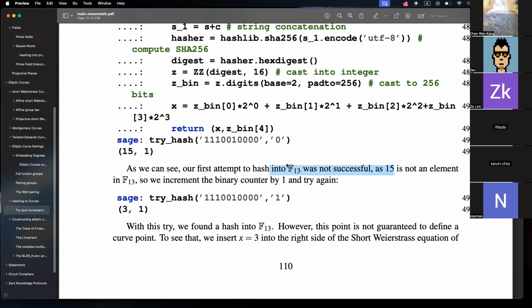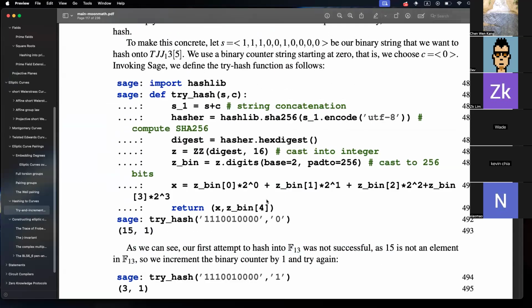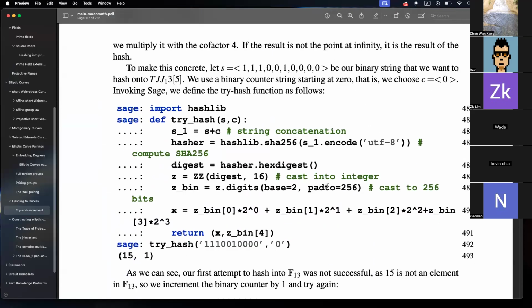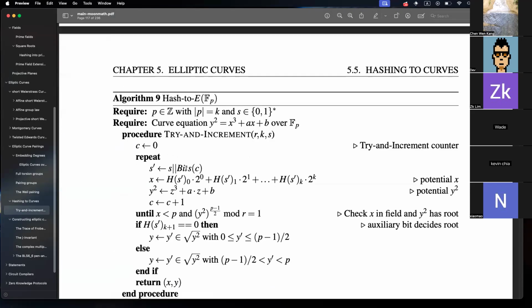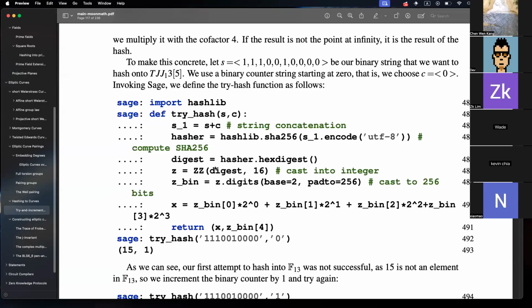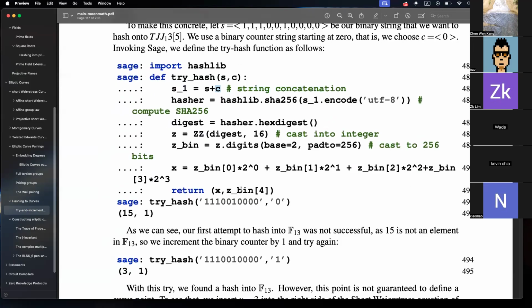The first time it gets 15, which doesn't work because it's not in the field of 13. It tries a second time after you increment by 1. So the binary counter is used. You concatenate your counter, and it will be increased and retried.